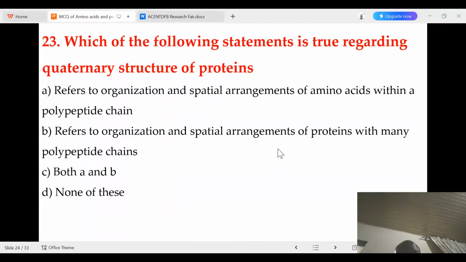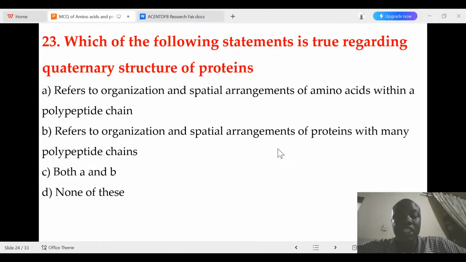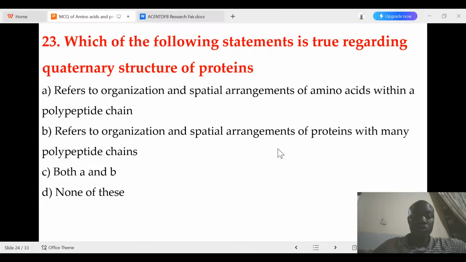But for the quaternary structure, the organization and the spatial arrangement is within many polypeptide chains. That is why option B is the correct answer. When you have many polypeptide chains, it is quaternary structure.